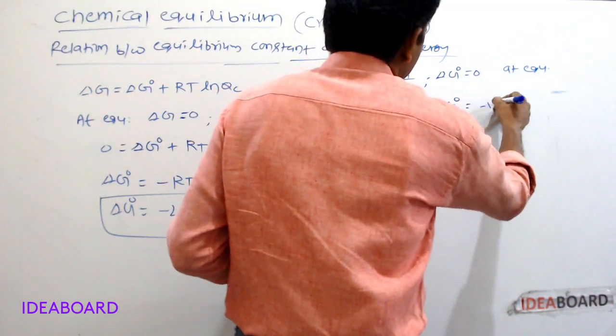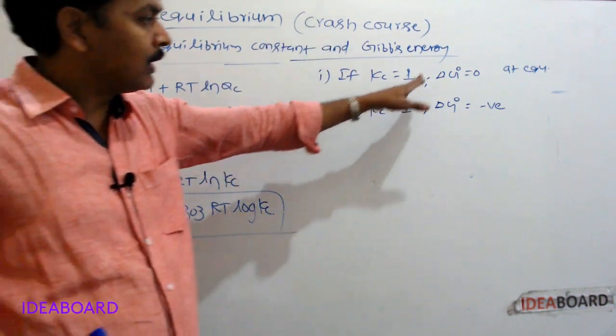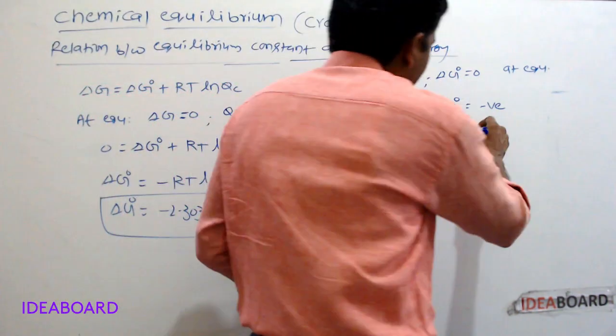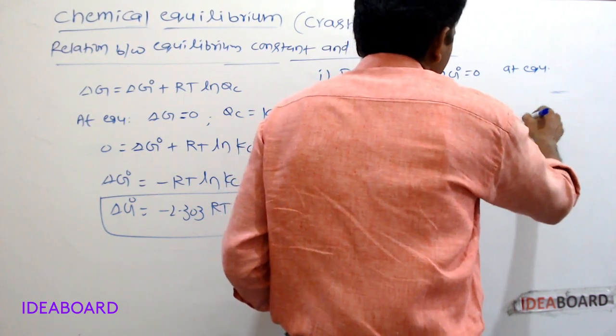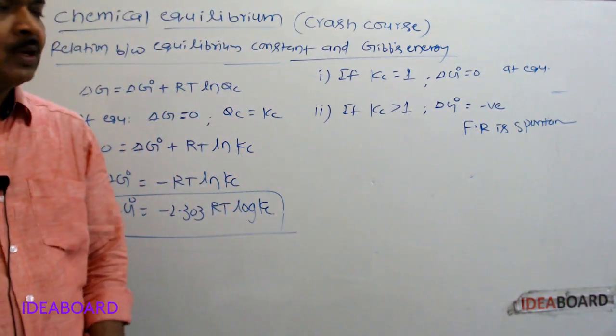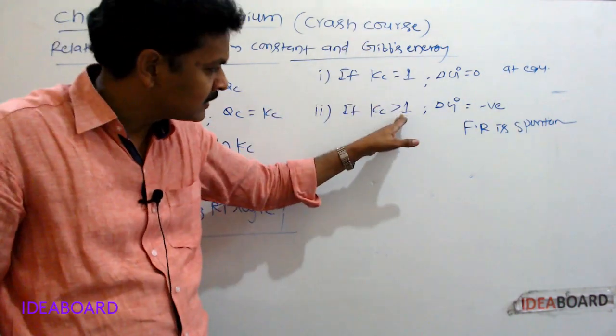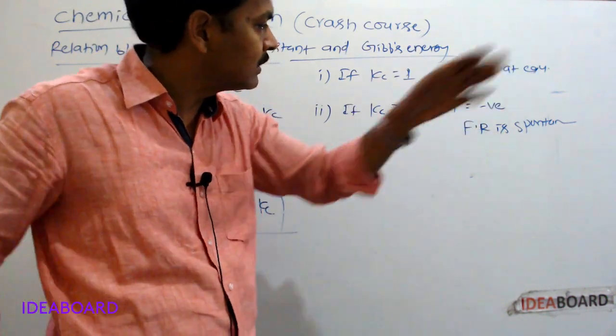So delta G naught is negative, and then the forward reaction is spontaneous.